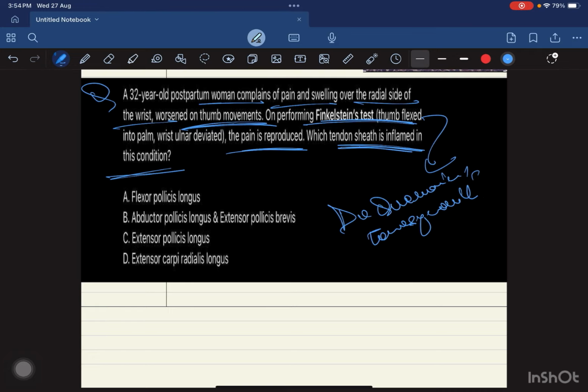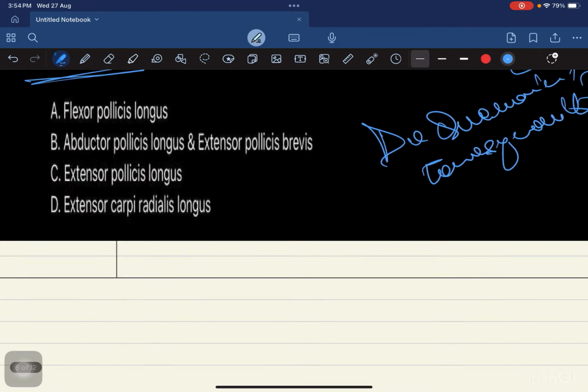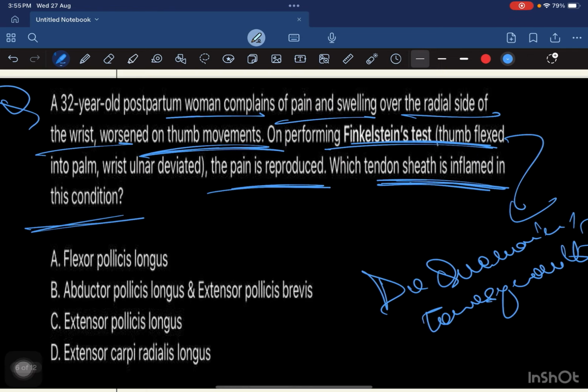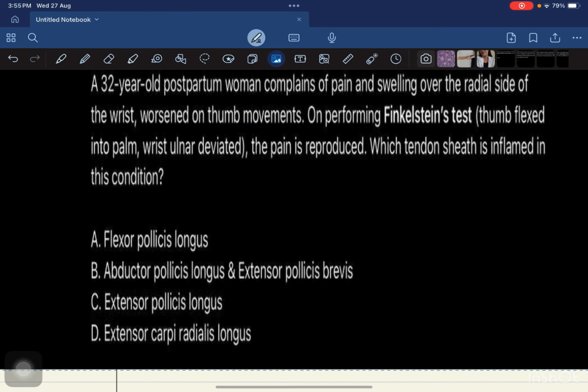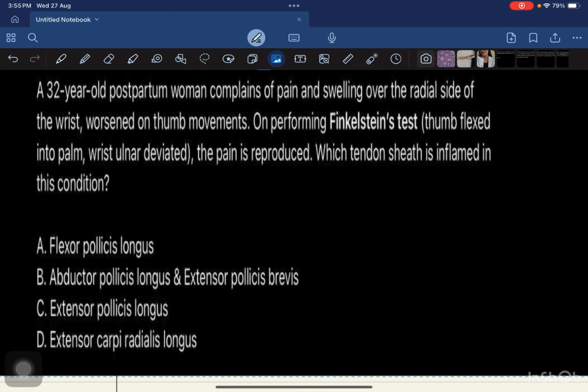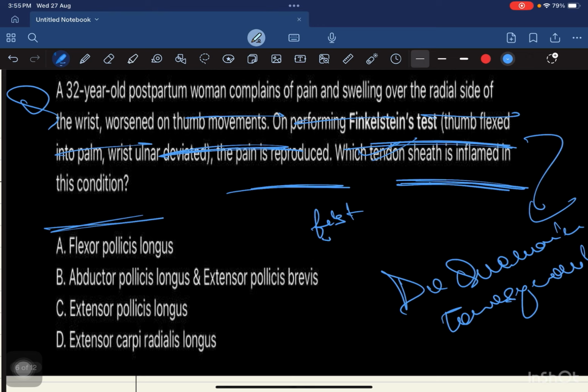Now in this test, what we do is we ask the patient to make a fist. In Finkelstein's test, we ask the patient to make a fist in which the thumb lies inside.